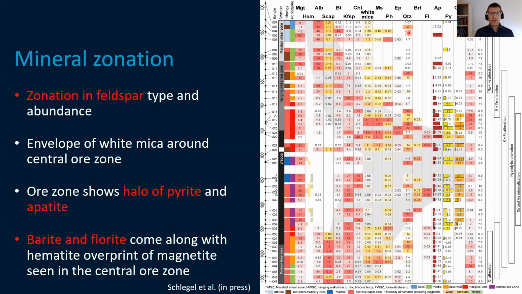It's a bit patchy, but one does see a general increase of quartz towards and within the ore body. And in the ore body, we have a few occurrences of barite and fluorite. Again, these broad alteration halos of some minerals are relatively easy to recognize, either by geological logging or by portable XRF, as we will see.